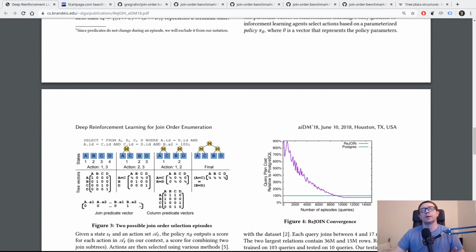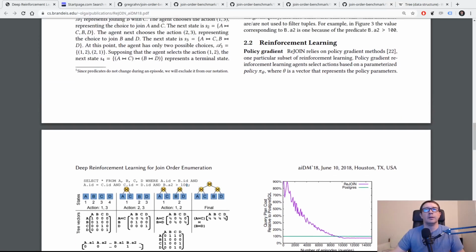Does the set of possible actions correspond strictly to the join orderings, or does the set of all possible actions correspond to all possible join orderings that don't necessarily correspond to the given query? That's not entirely clear. I would wager that the action space corresponds to the only possible ways of configuring the system, because the join orderings here are 1, 2.